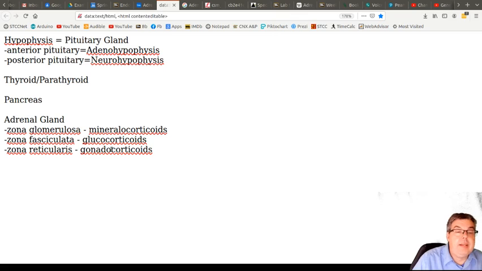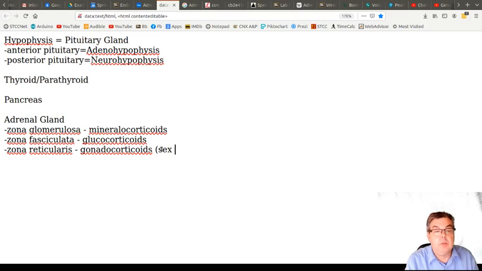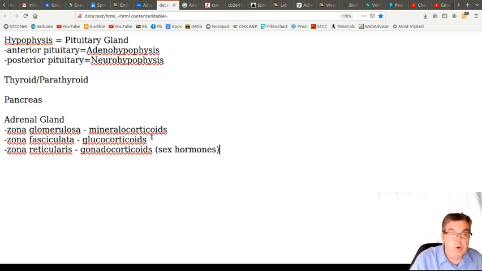Okay. And then gonatocorticoids would be steroid hormones that influence the gonads, what are more commonly referred to as sex hormones. So I included this gonatocorticoid word just so that it mirrors the other ones, but most sources will just refer to them as sex hormones.